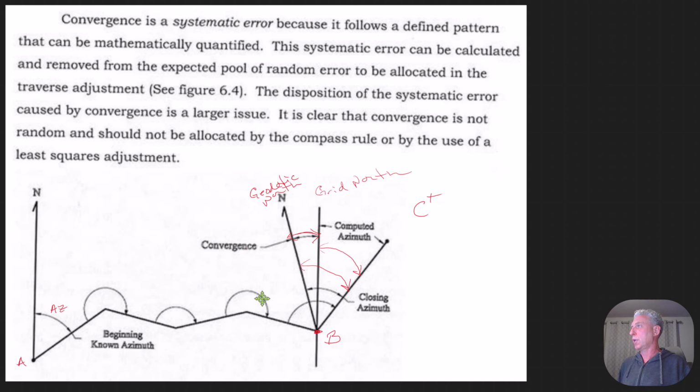So our computed azimuth, if we look at the diagram, would be our closing azimuth, or what we calculate with all our angles right based on the starting azimuth, minus convergence. And that way we wouldn't need to calculate that convergence at every control point that we occupy. We just calculate it at the end.